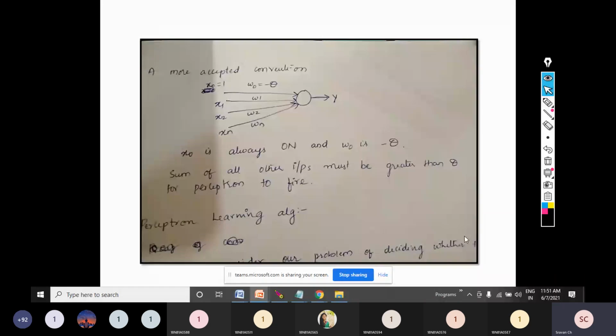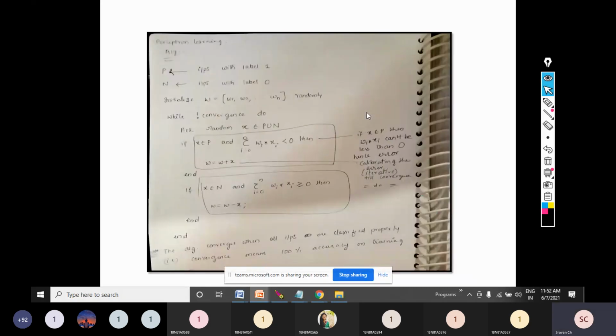This is the more widely accepted convention of the perceptron, which we have already seen. X naught will always be 1, and W naught should be minus theta. Now coming to the perceptron learning algorithm. This algorithm is very important.